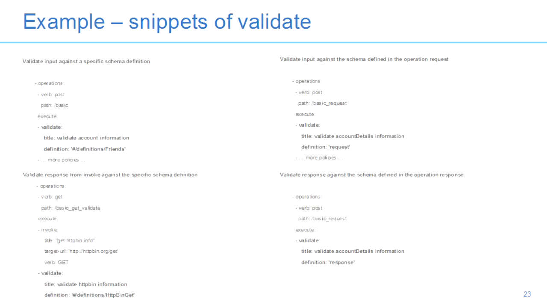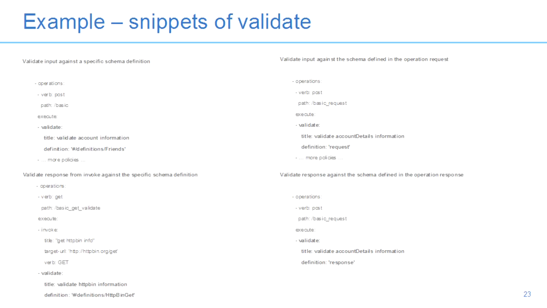So this was just showing, there are 4 sections here, how you would validate against various schema definitions. Here there's a validate option within the Swagger that's going to use a specific schema to validate against. So it's going to use the definitions friends. On the right-hand side at the top, we're actually validating against the specific request, so it's going to get the request schema for that and validate against that.